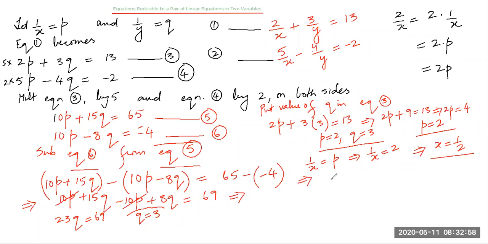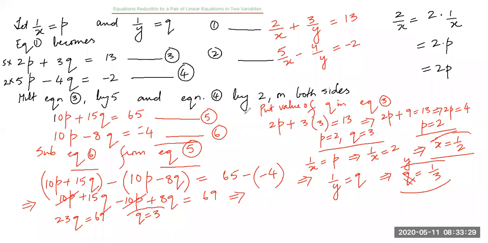Similarly, you get 1 by y is equal to q, but q is equal to 3. So from that you get y is equal to 1 by 3. Now guys, you see this is the common solution. These are the values of x and, I'm sorry, not q here, this is y here. y is equal to 1 by 3, x is equal to 1 by 2. If you put these values here, you can do it yourself, you will see that both the equations will be satisfied.